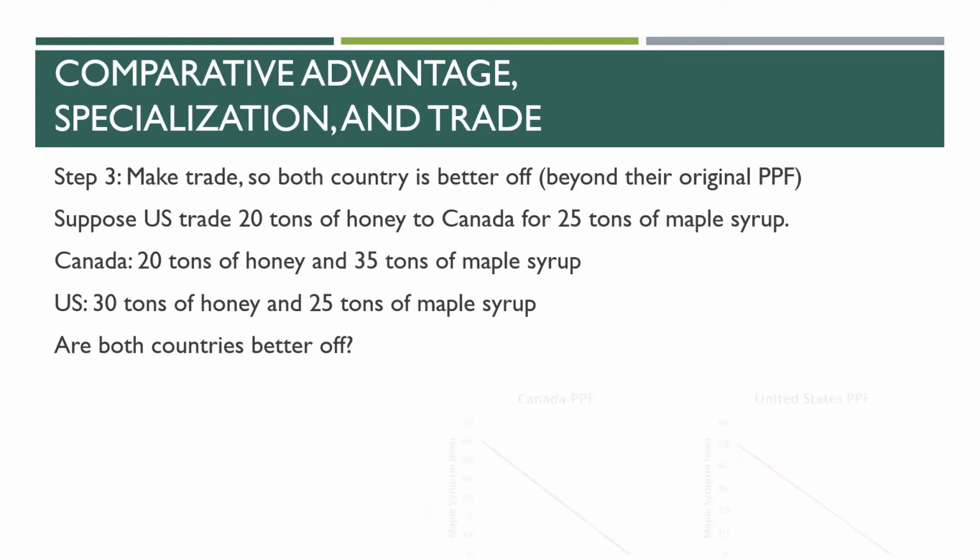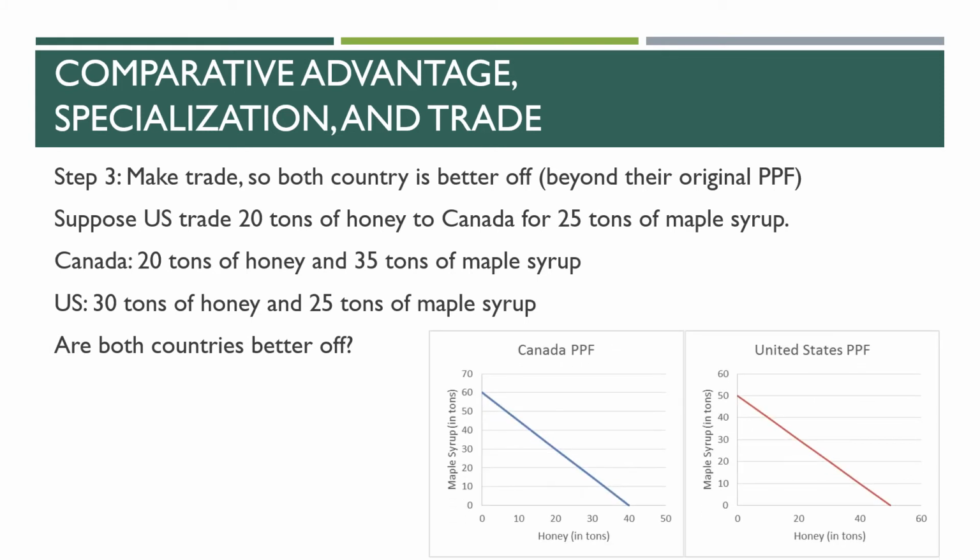Are they really better? Let's take a look. These are the two original PPFs of the two countries. After the trades, we're now seeing both outputs here are beyond the production possibility frontier of the two countries' originals.